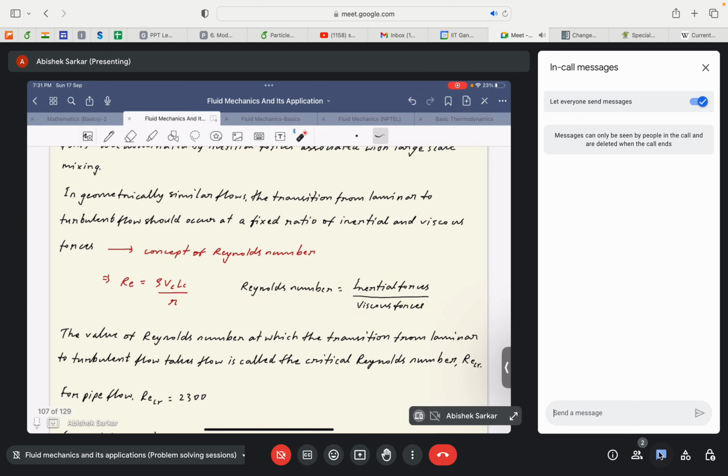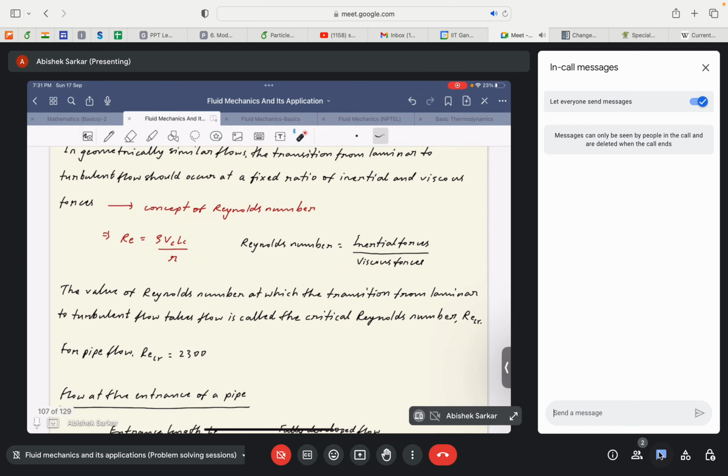So this demarcation, which divides the flow into laminar or turbulent, is known as the critical Reynolds number. As mentioned here, the value of Reynolds number at which the transition from laminar to turbulent flow takes place is called the critical Reynolds number, represented by Re_cr, with cr in the subscript.